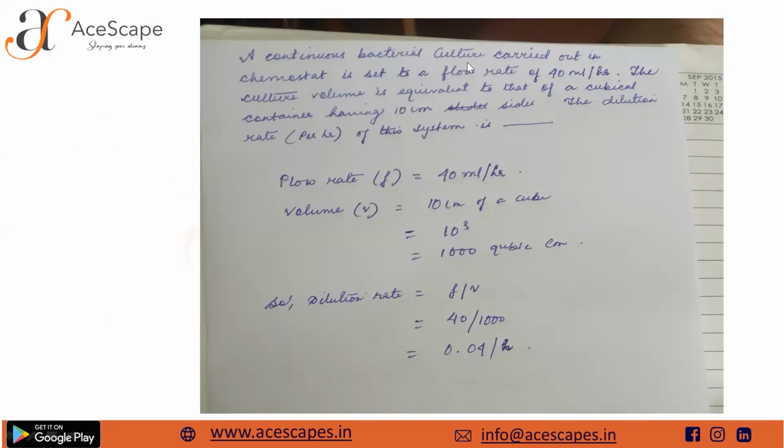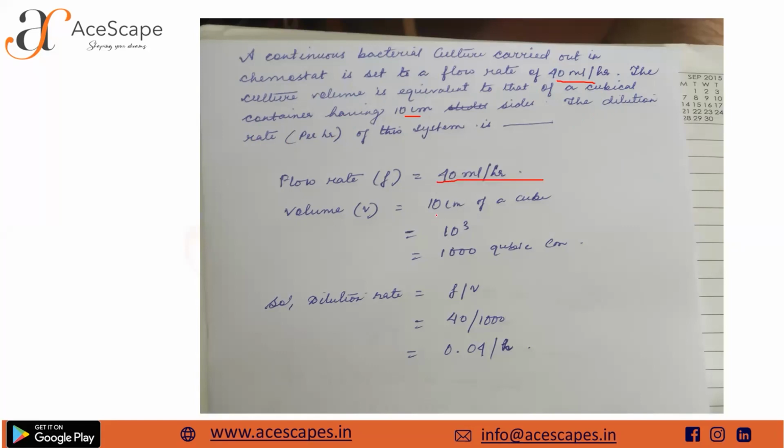A continuous bacterial culture carried out in a chemostat is set to a flow rate of 40 ml per hour. The culture volume is equivalent to that of a cubical container having 10 centimeter size. They have asked for the dilution rate per hour of this system. So flow rate is given, 40 ml per hour.